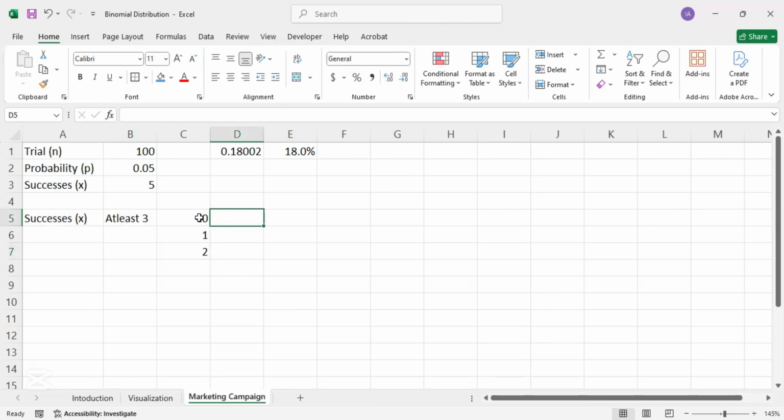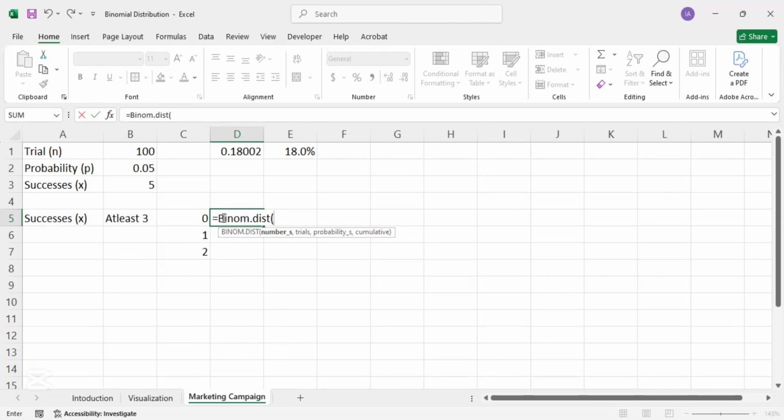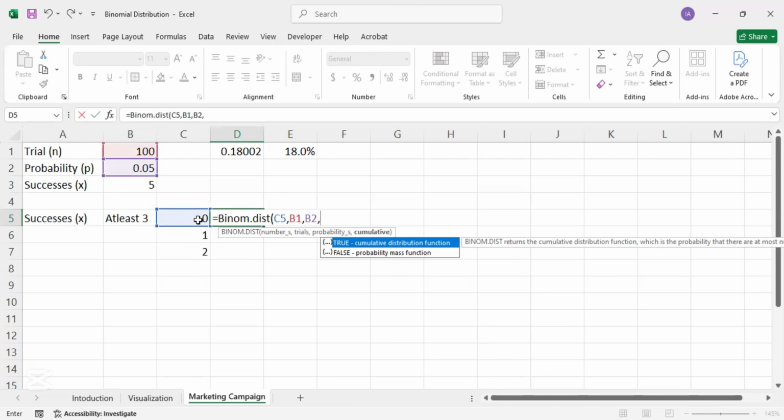If we calculate this for all of these down here, let's try something. We'll say equals BINOM.DIST. For the number of successes we are taking 0, which is the X here. Comma, our trial is still 100, our probability is still 0.05, and for cumulative we are using FALSE.